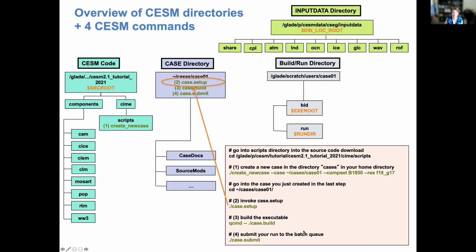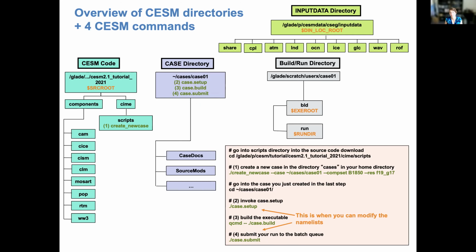What you are going to do in the next step is to go into this case directory and first run the command case.setup. Then next you run case.build, and on Cheyenne you have to precede this command by the word qcmd --. After that you run the command case.submit, which submits your job to the batch queue.